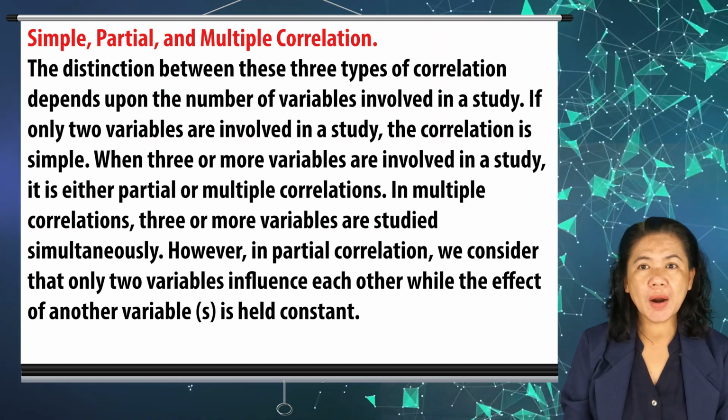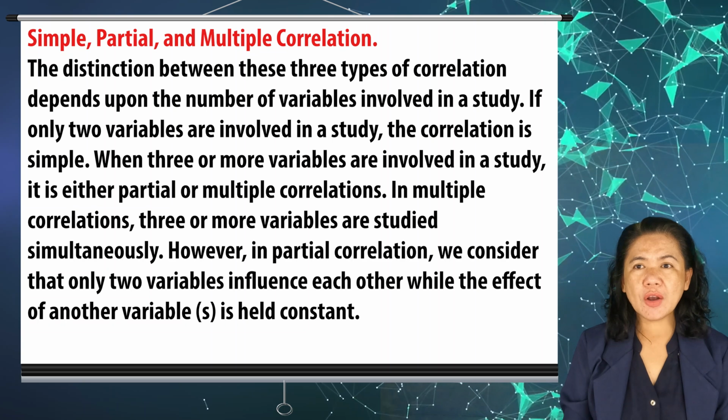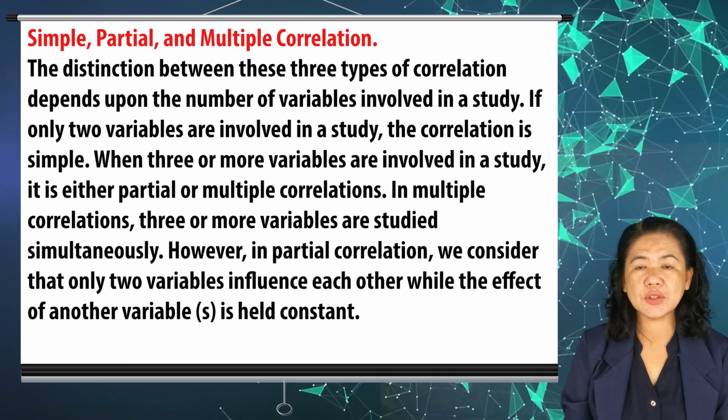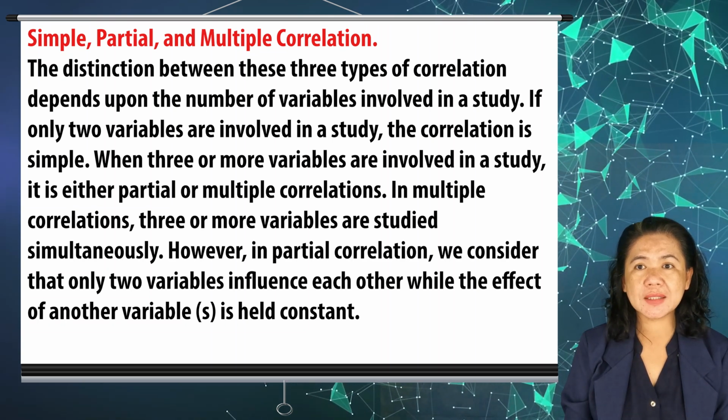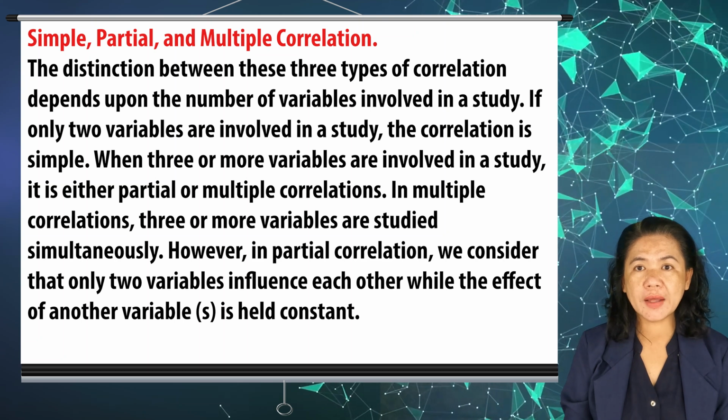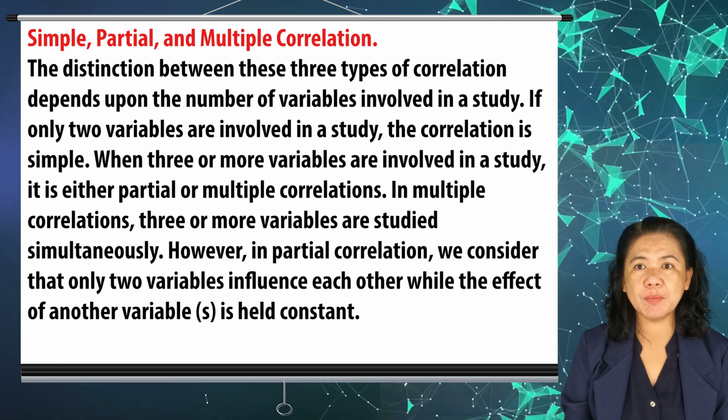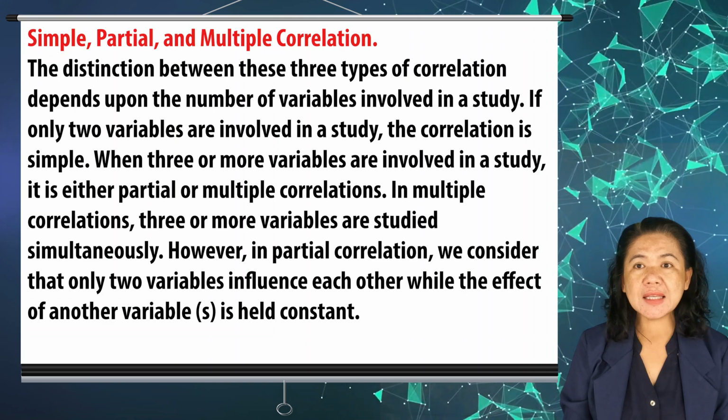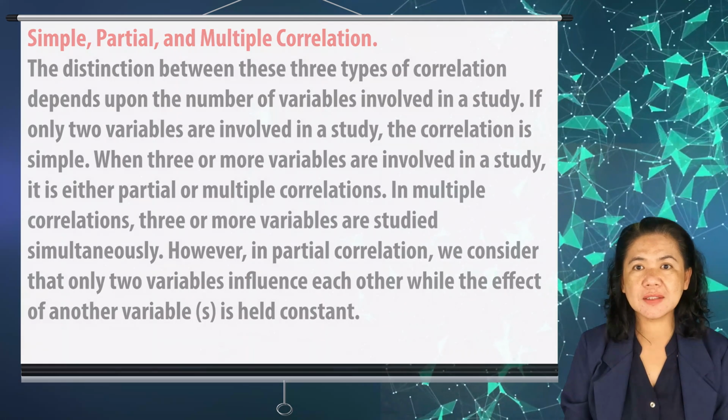However, in partial correlation, we consider that only two variables influence each other, while the effect of another variable or variables is held constant.